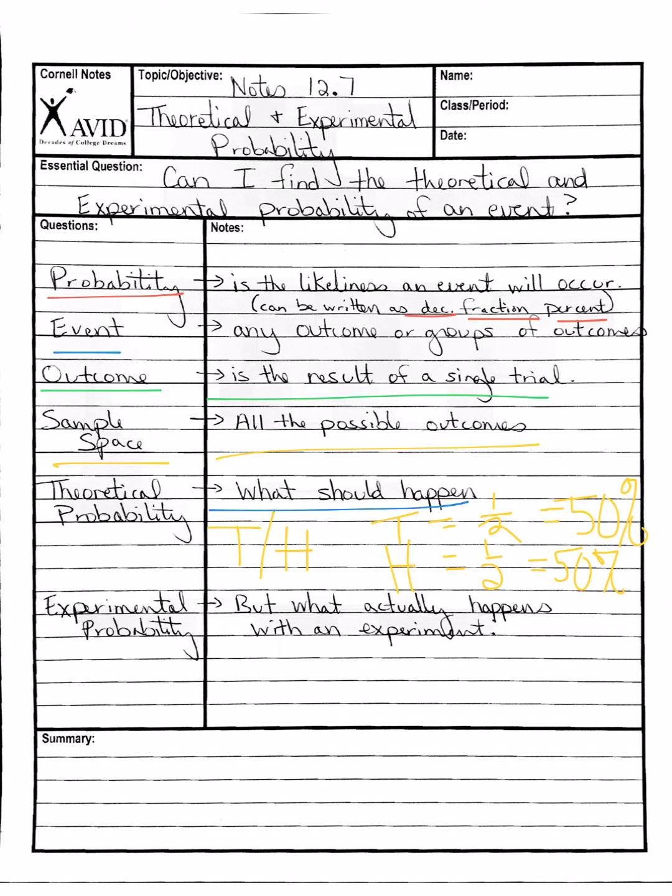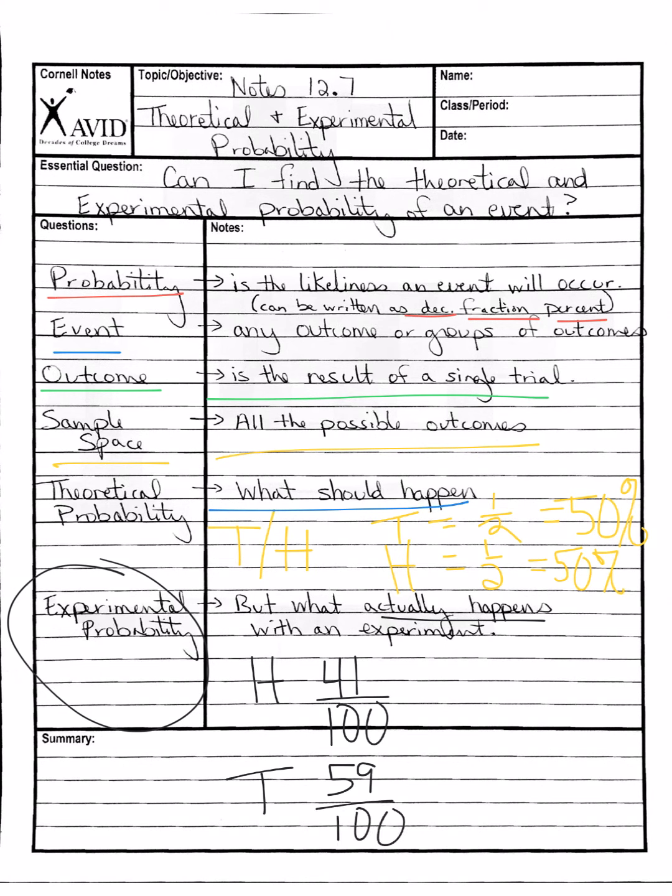Unfortunately, when we actually do the experiment, which is where we get into experimental probability, it's what actually does happen. So the experimental probability would be taking a coin and flipping the coin. Let's say we flip the coin 100 times. Let's say that heads was 41 out of 100 and tails was 59 out of 100.